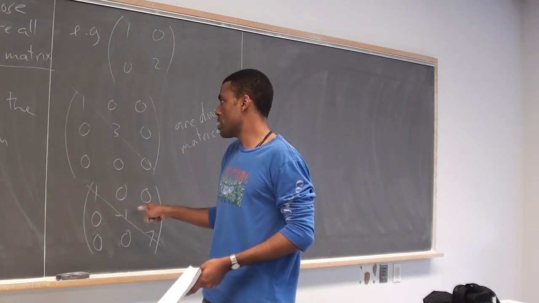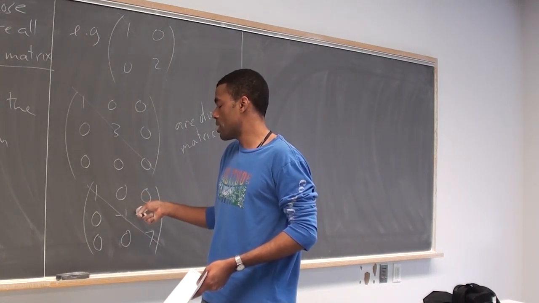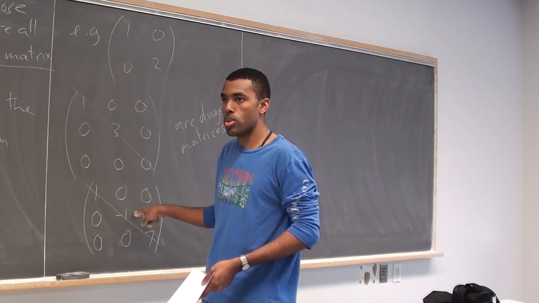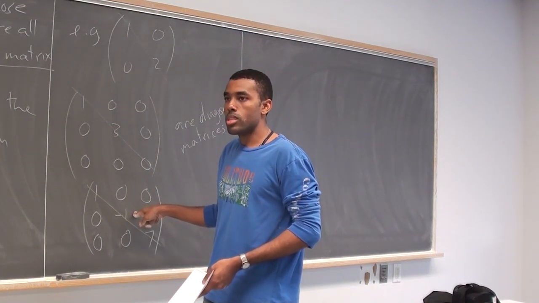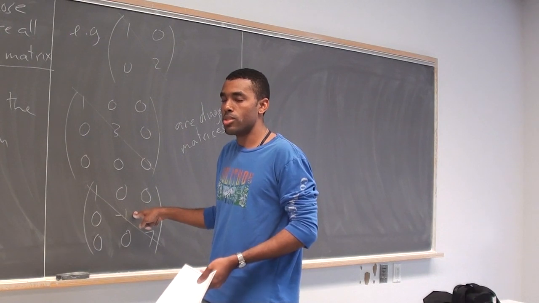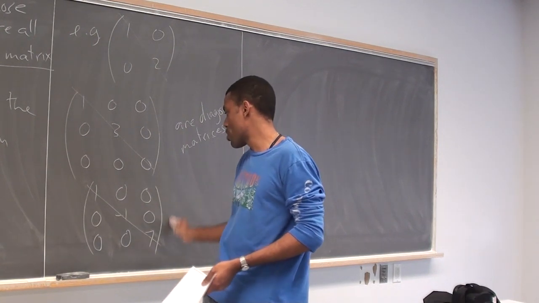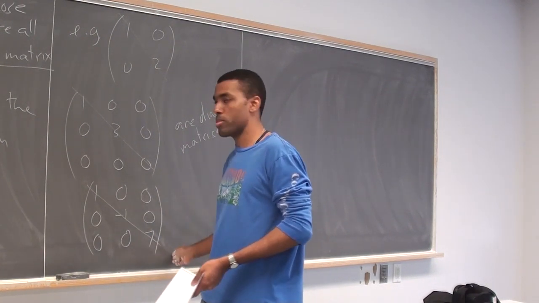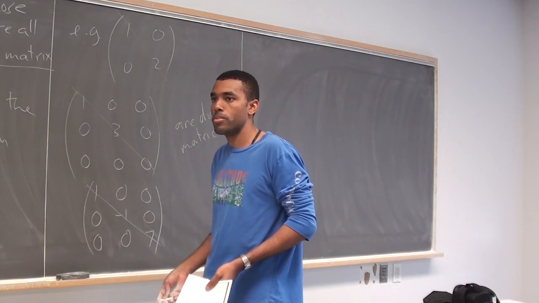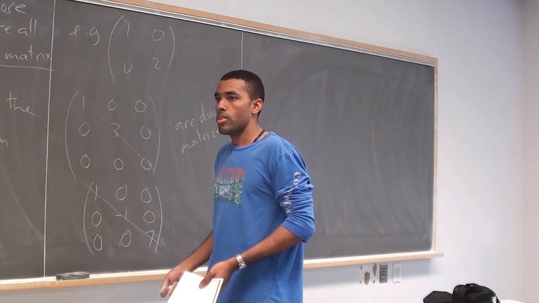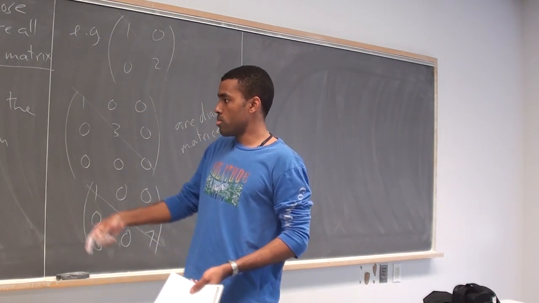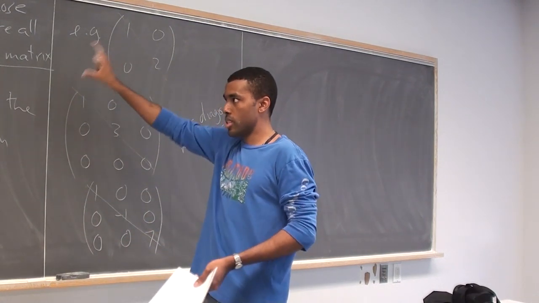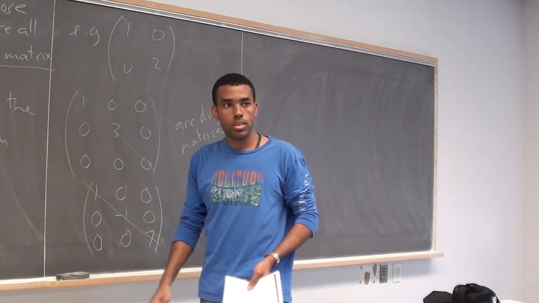A diagonal matrix is in what we call reduced row echelon form. But you can have non-diagonal matrices in reduced row echelon form also. I could put another row with non-zero numbers here and still be in that form. We'll get to that later on, but this is a separate concept.